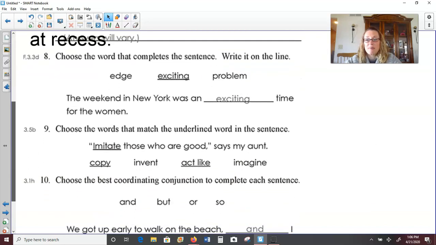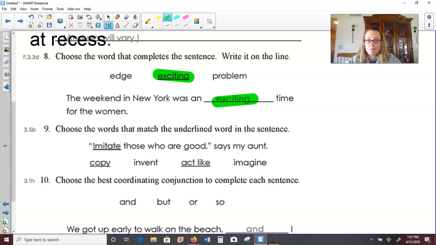All right, number 8, choose the word that completes the sentence. Edge, exciting, or problem. The weekend in New York was an exciting time for the women. Yeah, it means it was fun. Number 9, choose the words that match the underlined word in the sentence.